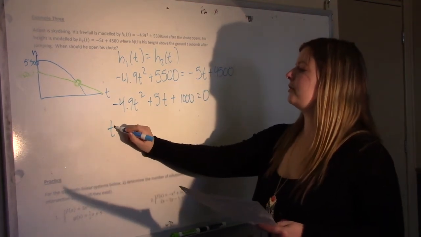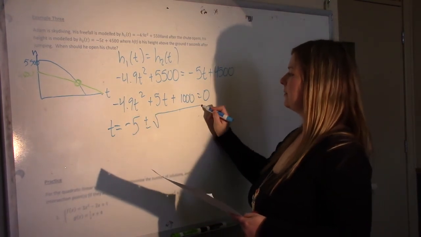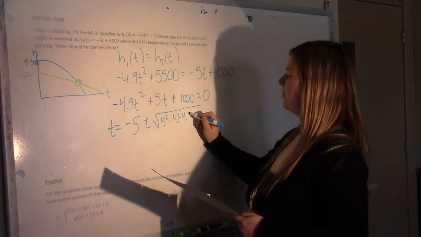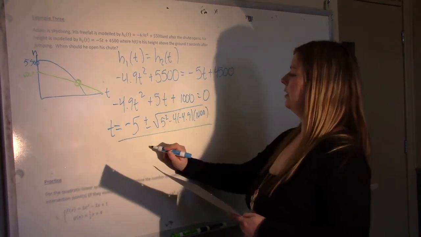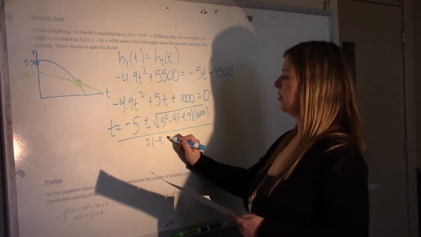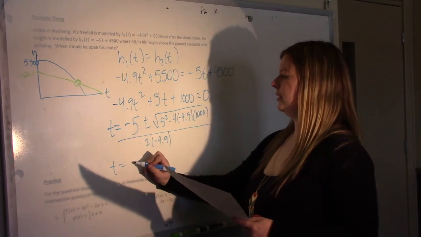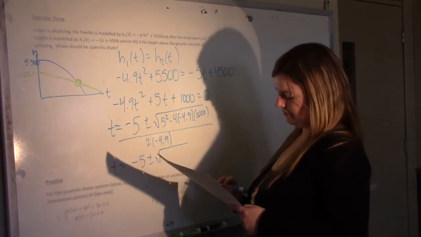Then you just use the quadratic formula. Minus 5 plus or minus the square root of 5 squared minus 4 times minus 4.9 times 1,000, all over 2 times minus 4.9.